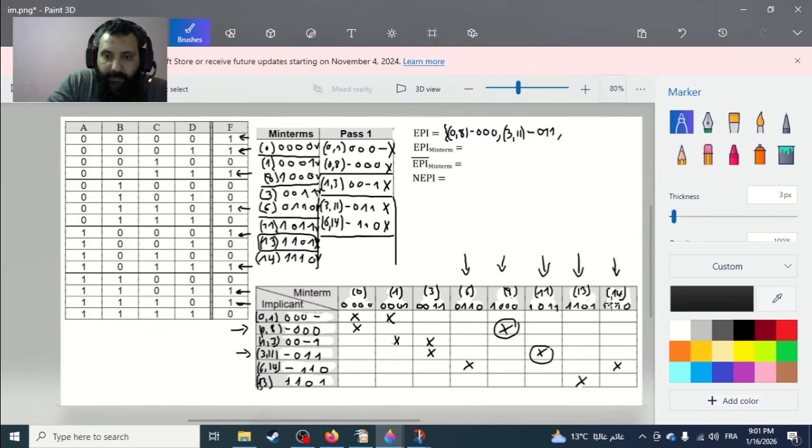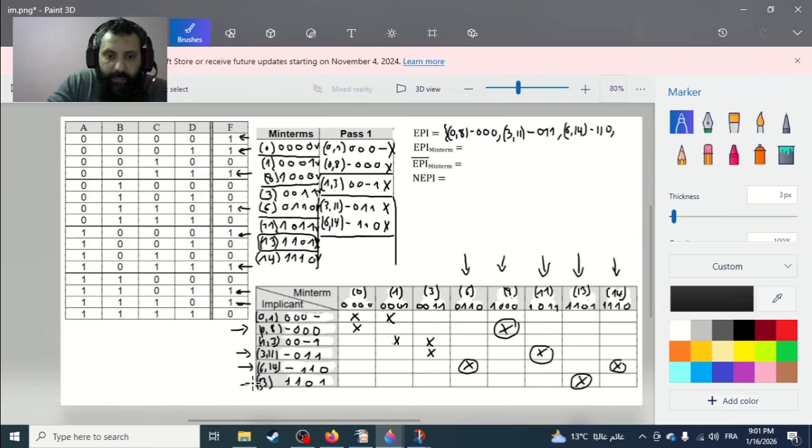And we have this one and this one, which share the same prime implicant. This is 6, 14, which is dash 110.